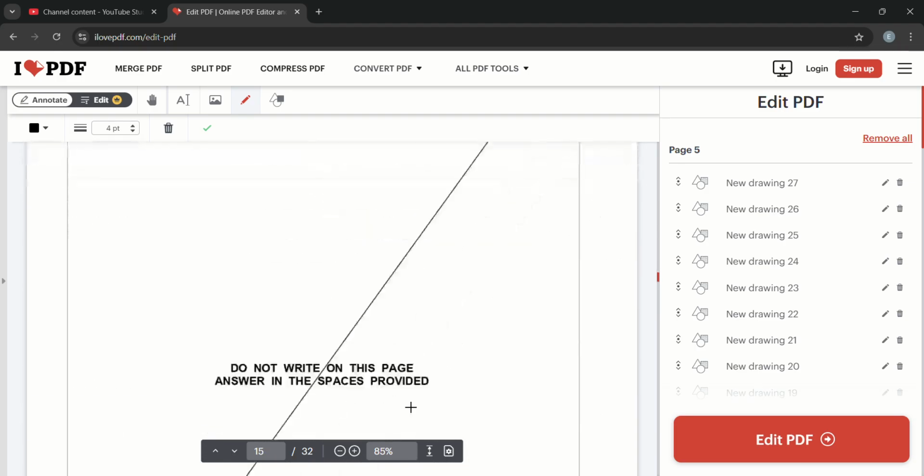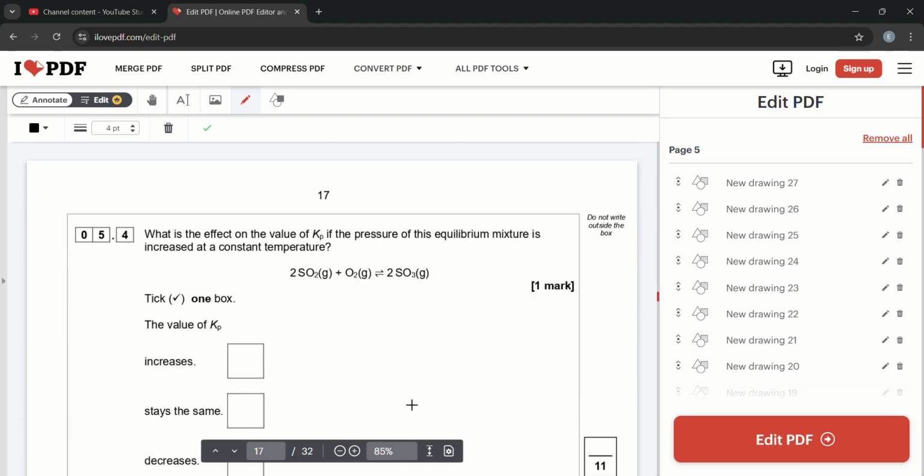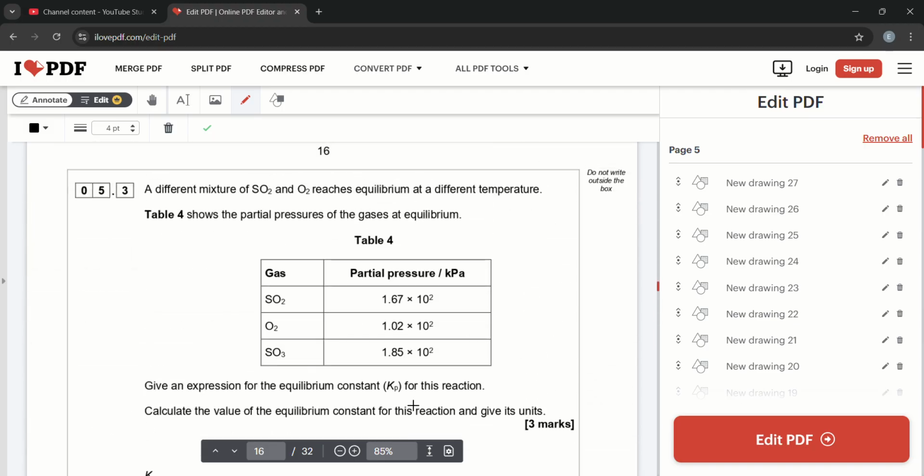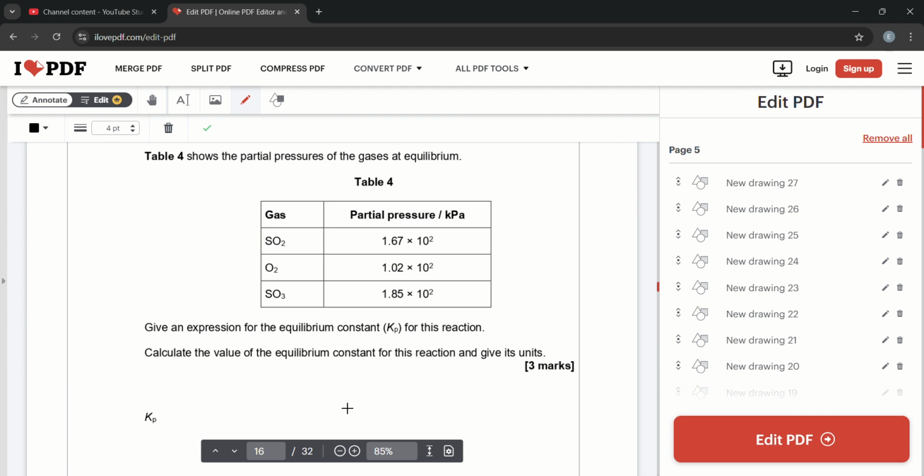And then 5.3 and then 5.4. So 5.3 says, given the expression for Kp for this reaction, calculate the value of the equilibrium constant and give its unit.